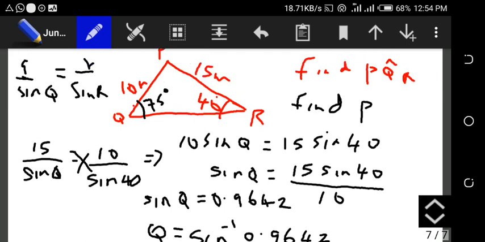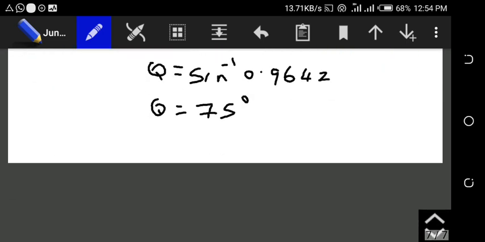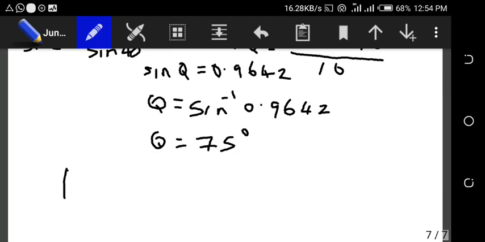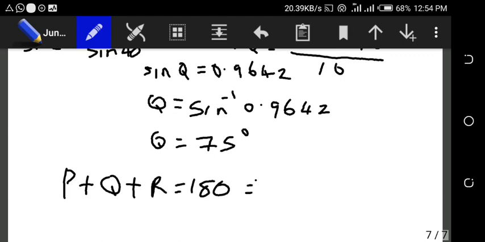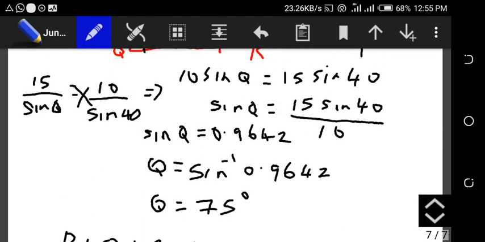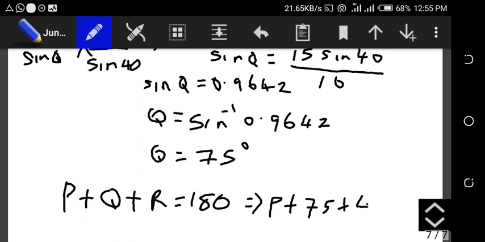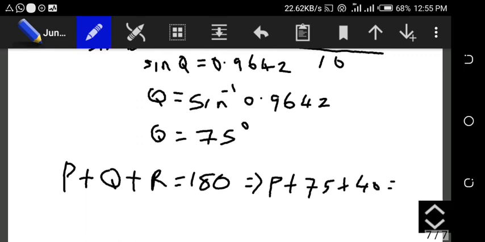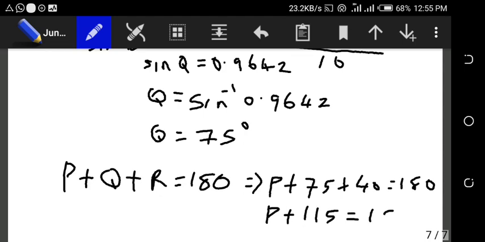So in this case, if you want to find P, P plus Q plus R is equal to 180 degrees, right? Our P, we don't know what it is. Our Q, we know it to be 75, plus our R, which is 40 degrees. That all together must give us 180. So P plus 75 plus 40, that is 115, is equal to 180 degrees.